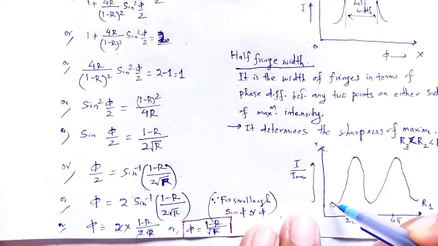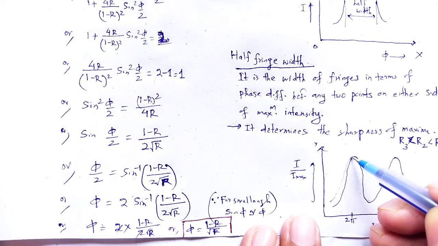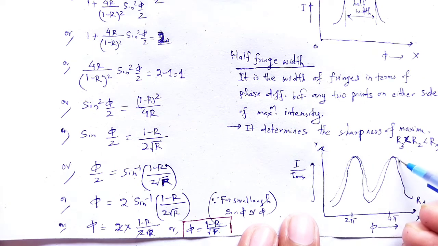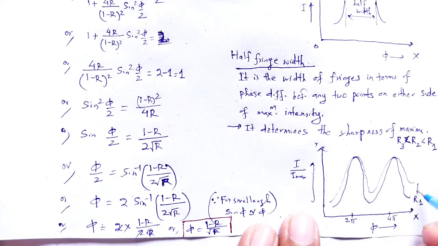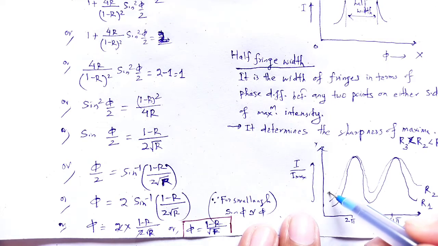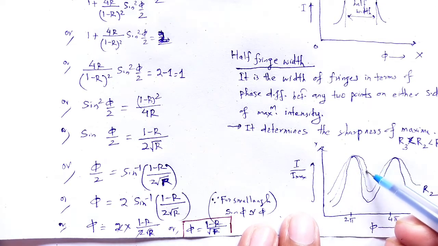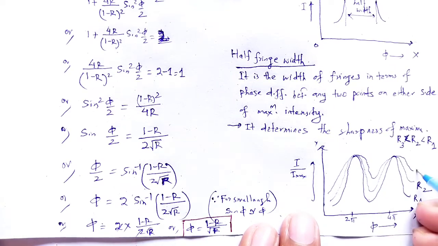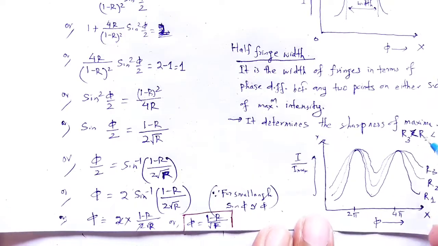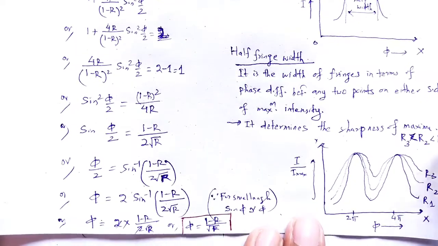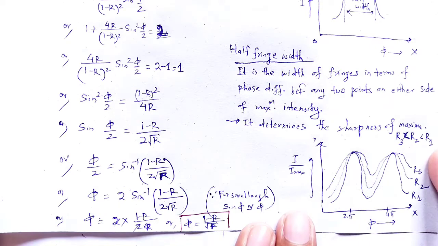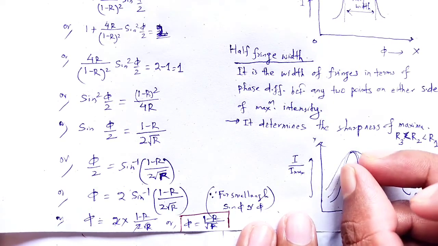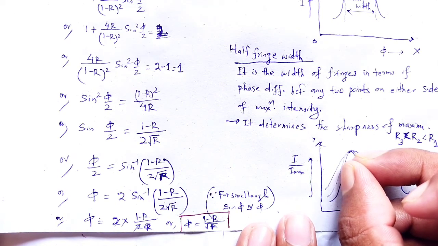Similarly for R2, and for R3 the peak is wider. The sharpness of maxima depends upon the reflection coefficient. With higher reflection coefficient, the sharpness is more.